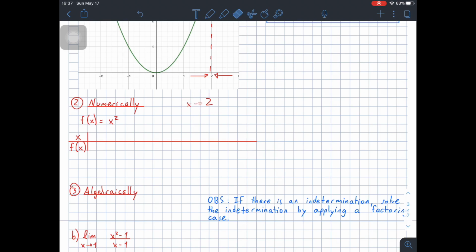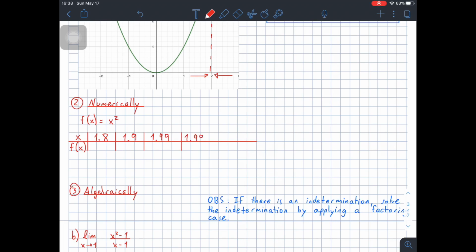Okay? So, for example, I could pick 1.8. I'll be approaching 2 from the left first. And then we could also pick 1.9. Then we can also pick 1.99 and so on, okay?